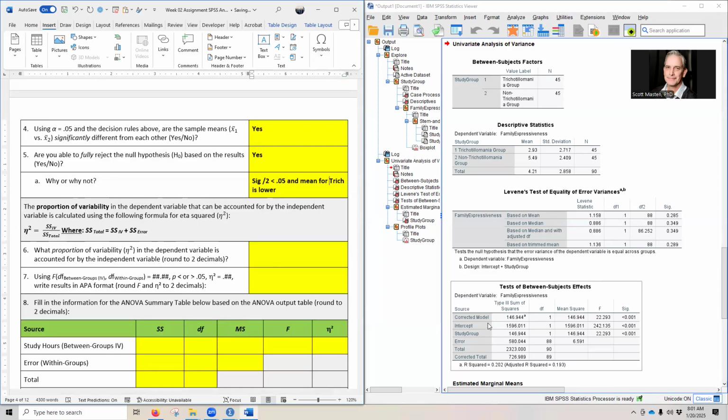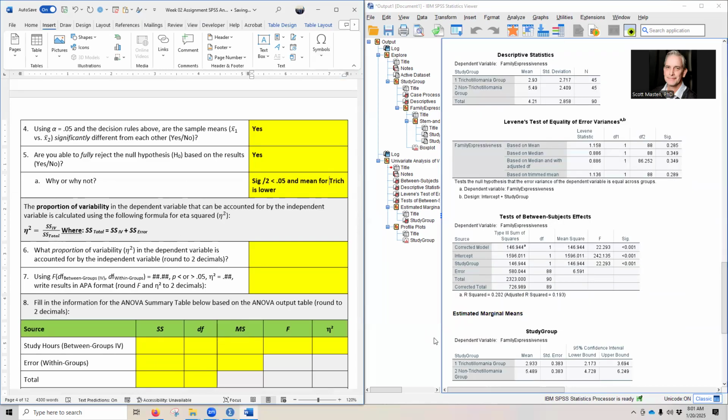So to calculate the proportion of variability, we've got to calculate the sum of squares for the IV. I'm going to do a little formula up in this box just to make it obvious: for study group, 146.94. We have to divide that by the sum of squares for the IV plus the sum of squares error.